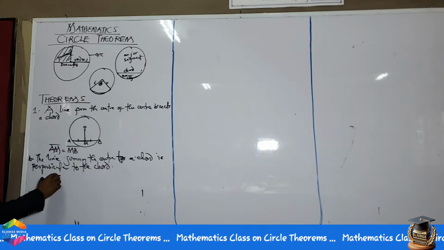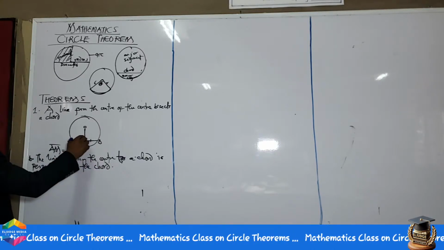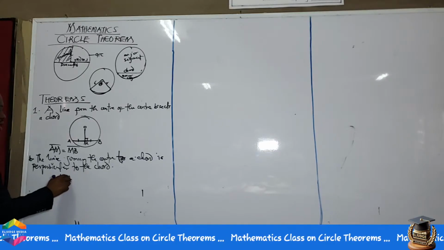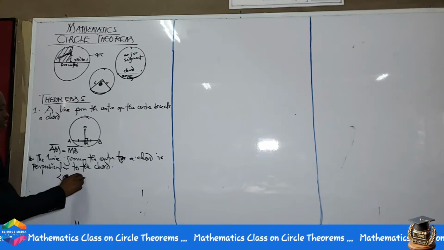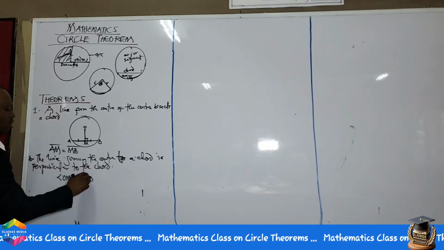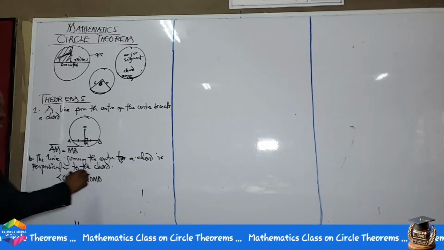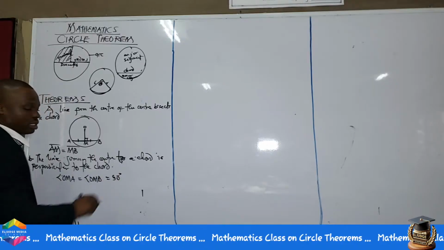So we can now say angle OMA equals angle OMB, which equals 90 degrees.